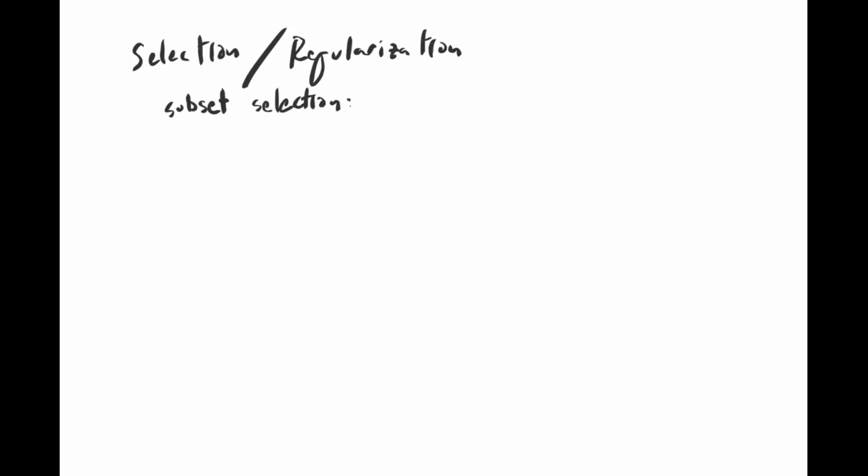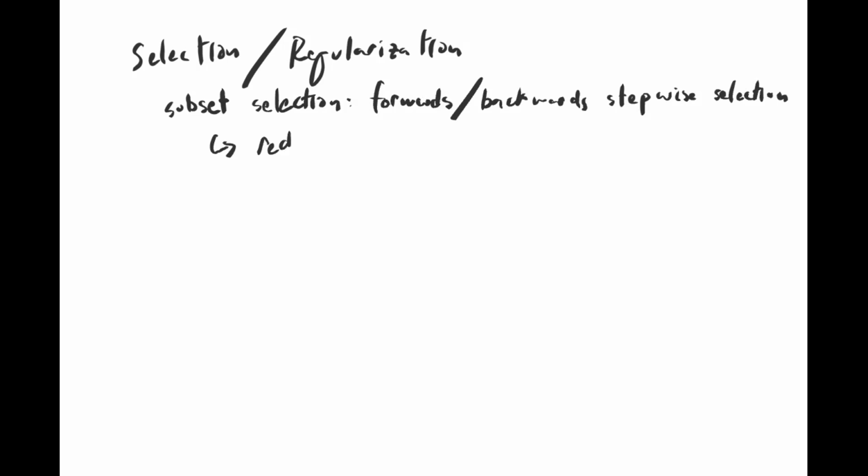This was the forwards and backwards stepwise selection, which hopefully you are getting intimately familiar with in the homework. But the whole point of this is to reduce the number of explanatory variables or coefficients.